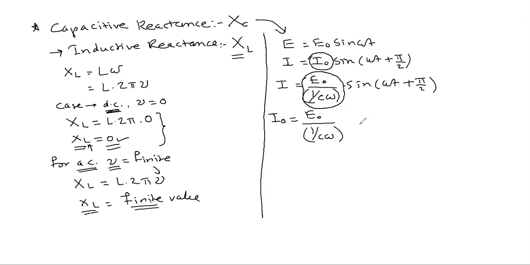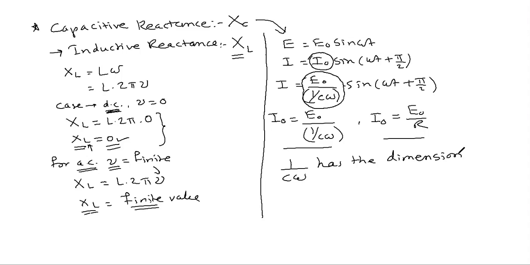In case of a purely resistive circuit, we got the peak current I naught equal to E naught upon R. So what can we conclude from these two? We can conclude that 1 upon C omega has the dimensions of resistance.